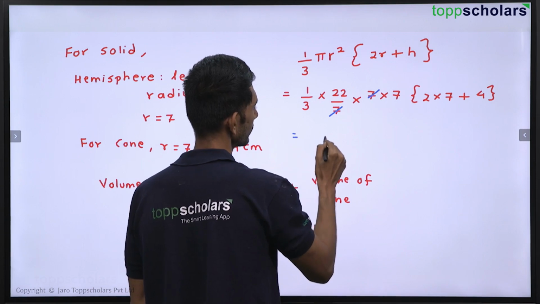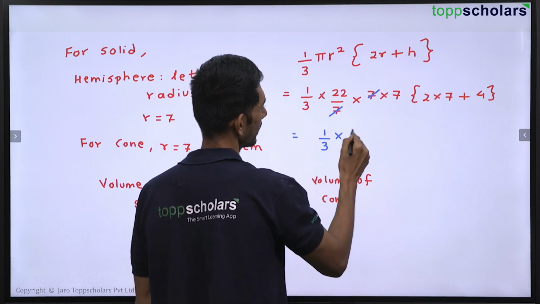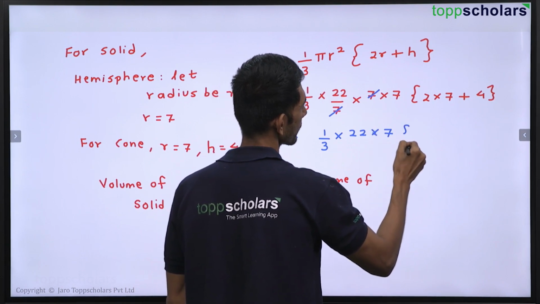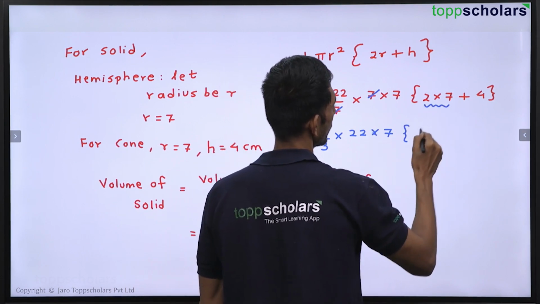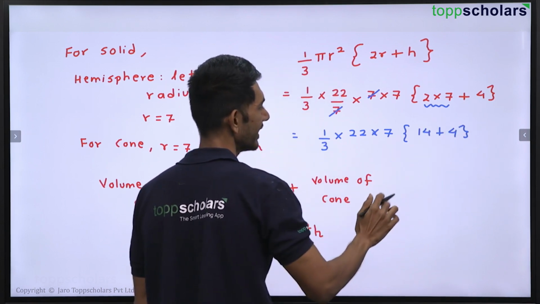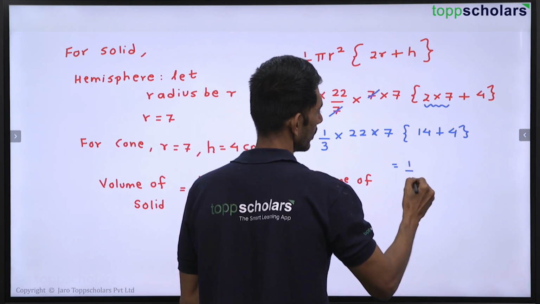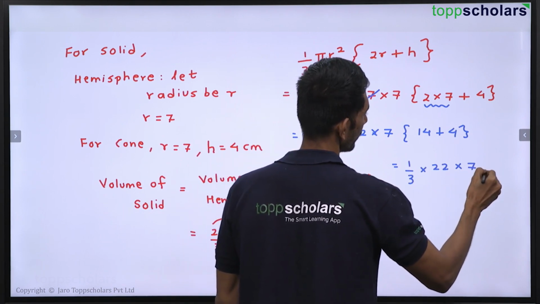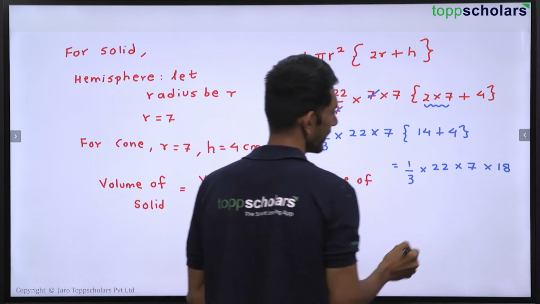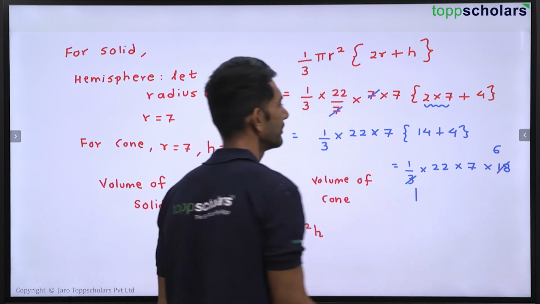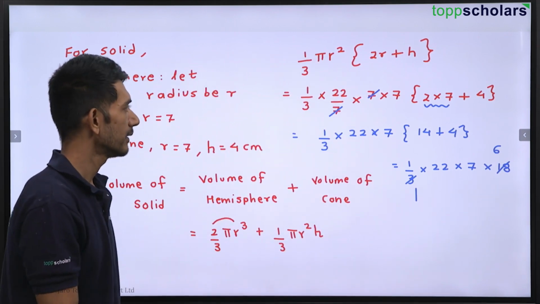So this becomes 1 by 3 into 22 into 7. 2 into 7 is 14 plus 4. That gives us 18, right? So this is equal to 1 by 3 into 22 into 7 into 18. So 3 ones are 3, 3 sixes are 18, isn't it?